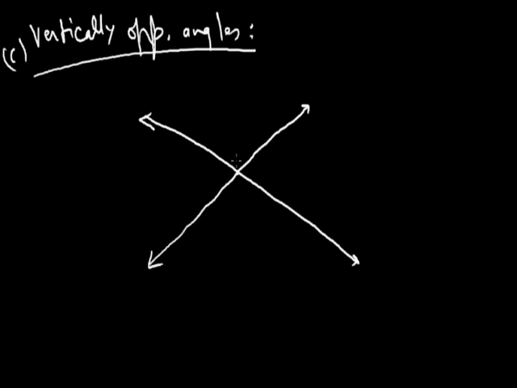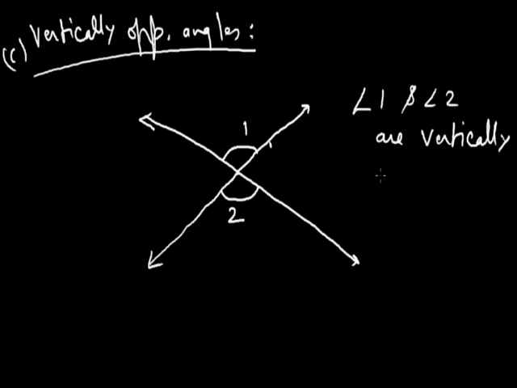Vertically opposite angles are angle 1 and angle 2. Angle 1 and angle 2 are vertically opposite in this adjacent diagram, and angle 3 and angle 4 are also vertically opposite angles.